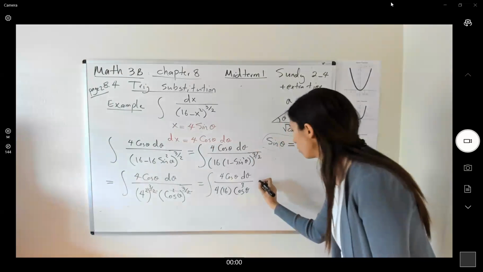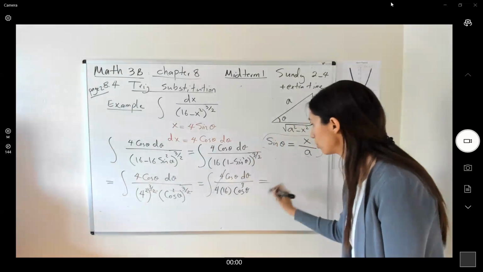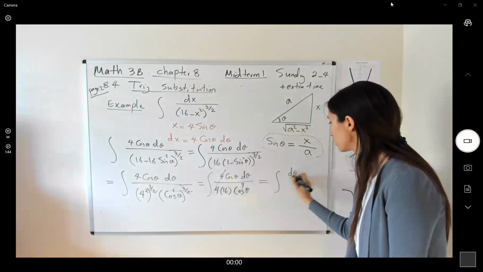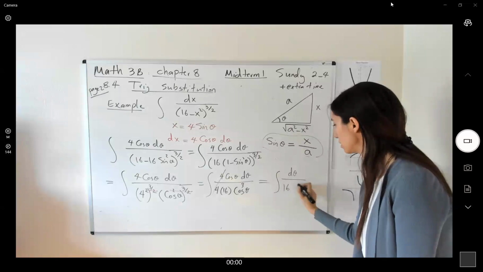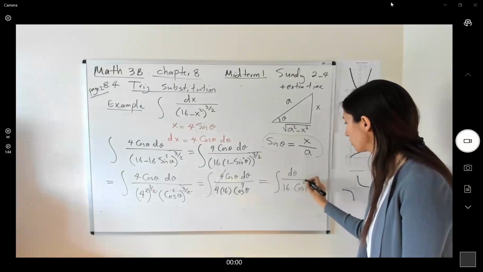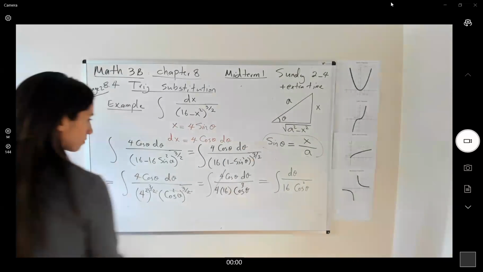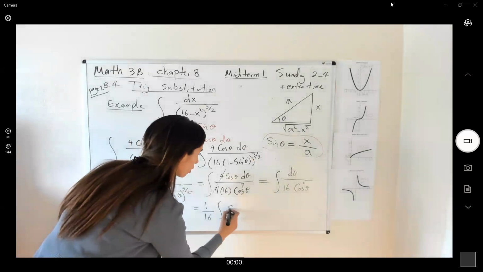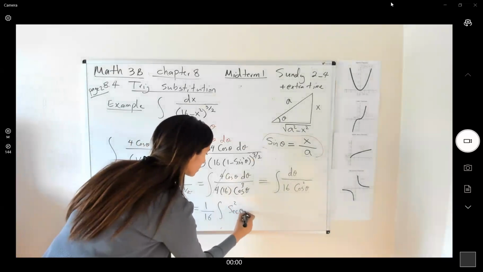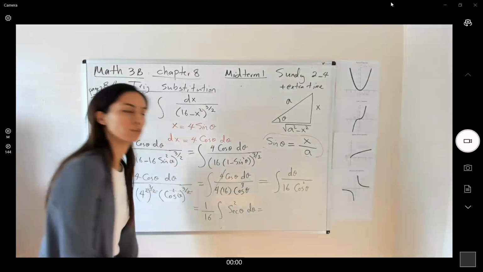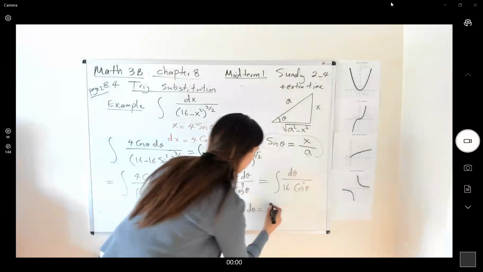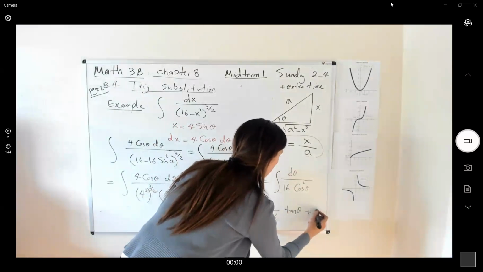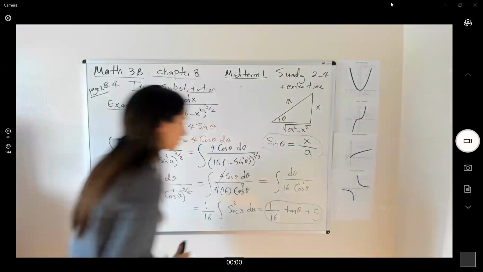So simplifying the whole thing, you can cancel out 4 and 4. You can cancel out 1 cosine and 1 cosine. You get the integral of d theta divided by 16 cosine squared of theta. So this is 1 over 16 integral of secant squared of theta d theta, which we all know is tangent. So the outcome is 1 over 16 tangent of theta plus constant of integration.